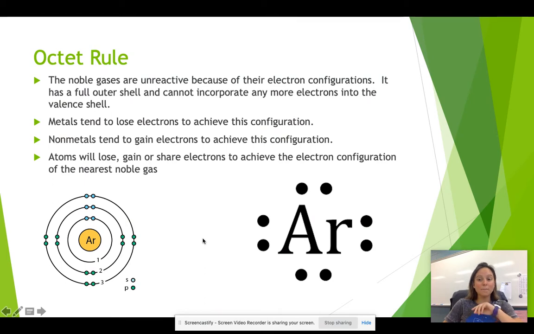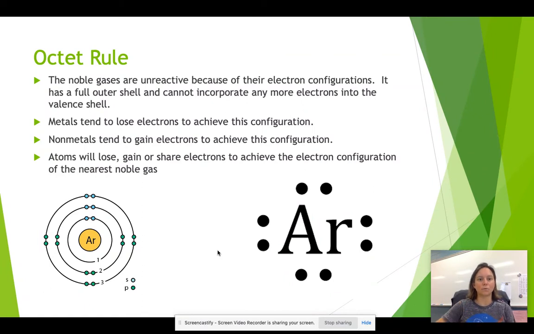And this is why compounds are formed, because atoms are trying to get this electron arrangement. Metals tend to lose electrons to achieve this configuration, and nonmetals will actually gain electrons. That's how ions are formed, because atoms are trying to establish this octet rule.